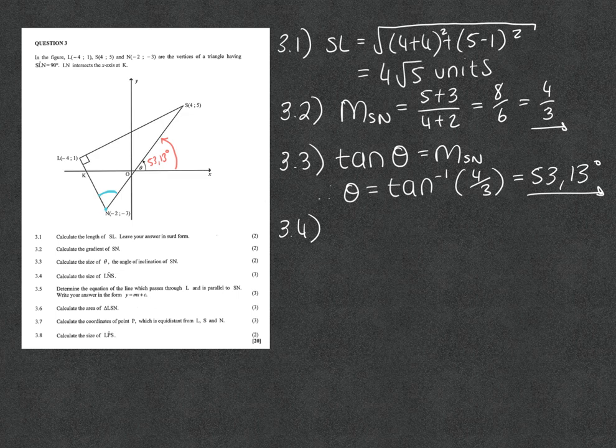In this case, LNS, the angle is happening at N. So I draw a mini Cartesian plane on point N, zoom into that and draw it here on the side of my page. So here's my axes, and this is my point N. Then this line is going through to S, and this line here is going through to L.